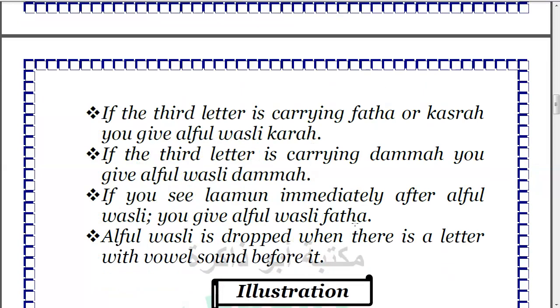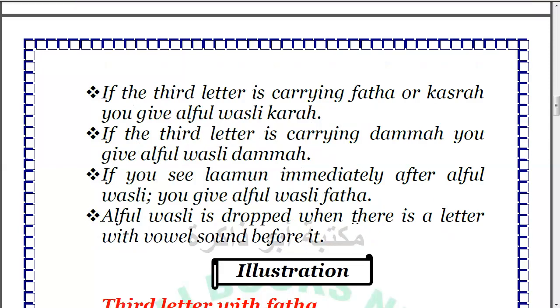Number three: if the third letter is carrying damma, you give alif al-wasli damma. I repeat, if the third letter is carrying fatha or kasra, you give alif al-wasli kasra, not fatha. And if the third letter is carrying damma, you give alif al-wasli damma.